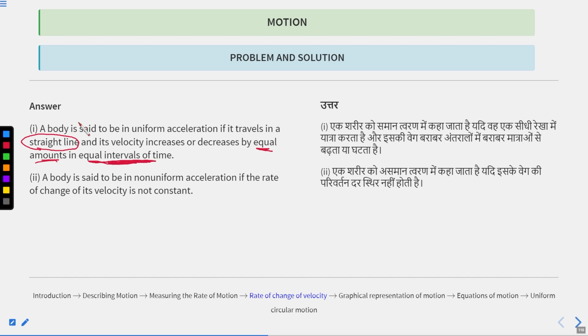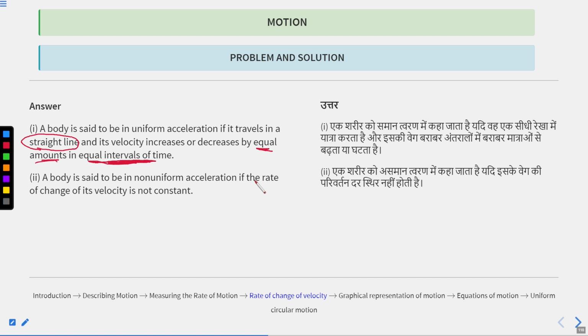And that acceleration is known as uniform acceleration. And if a body is moving along a straight line and its velocity increases or decreases by an unequal amount in equal intervals of time, then that body is said to be in non-uniform acceleration.